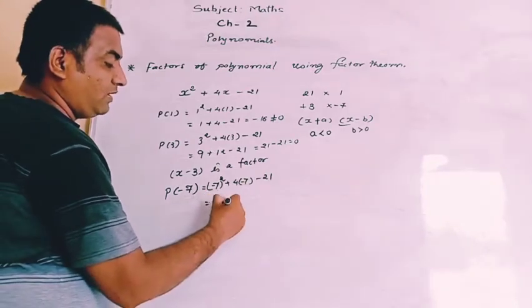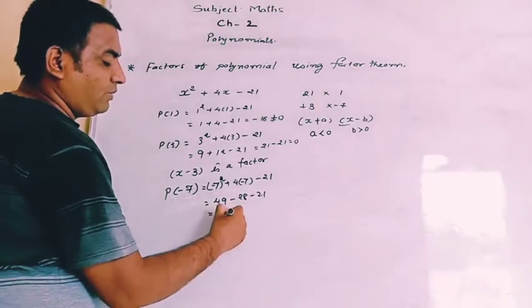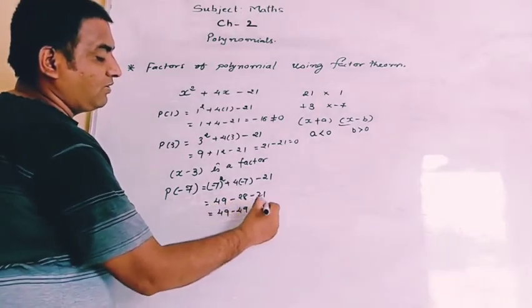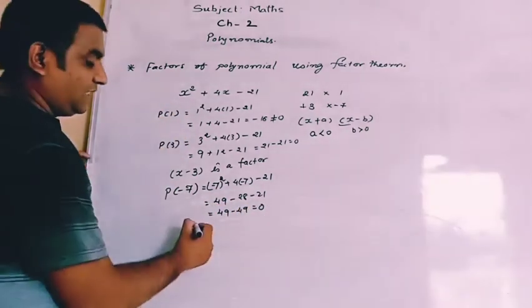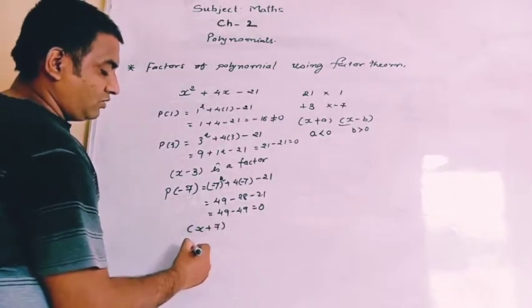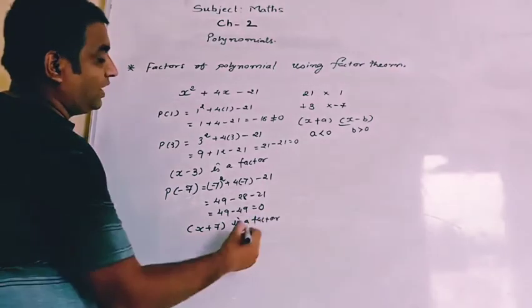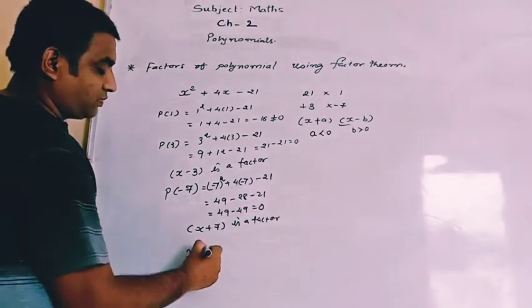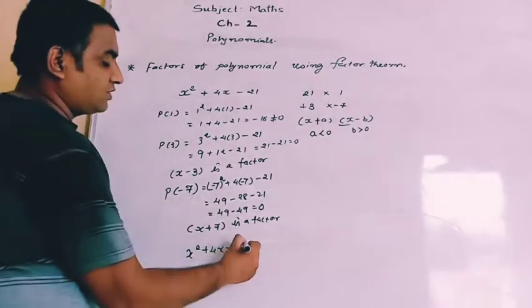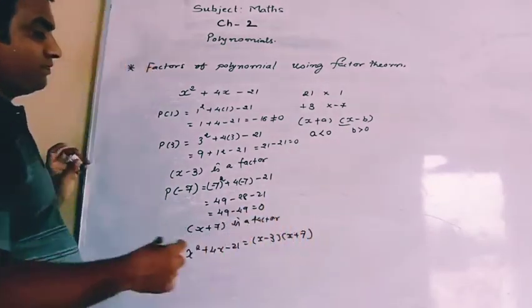So 49 minus 28 minus 21, 49 minus 49 is equal to 0. And so we can say that the second factor is x plus 7. And so x squared plus 4x minus 21 equals x minus 3 into x plus 7.